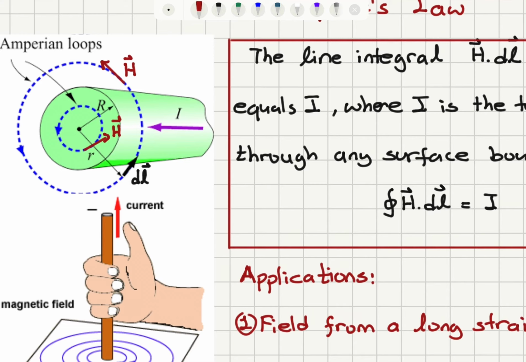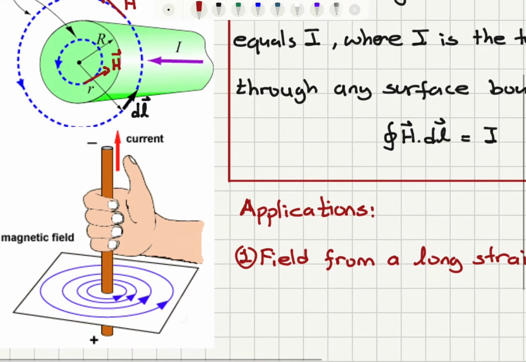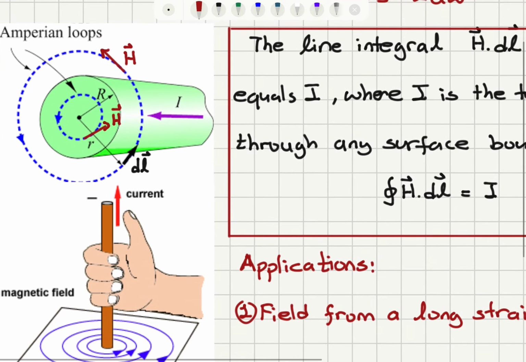If you have any surface that is bounded by these loops, the total steady current that passes through that surface will be equal to the line integral of H dot dl. So we can use the right hand rule: we can curl our fingers around the wire, and our thumb will point in the direction of the current, so that will indicate the direction of the magnetic field.